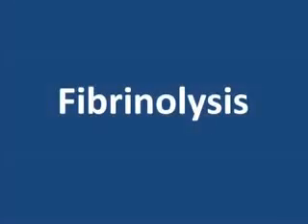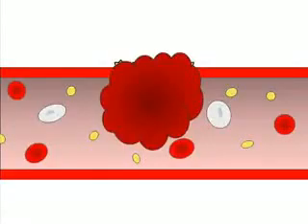The other group of chemicals keeps clot growth under control by cutting the fibrin strands and actually dissolving part of the clot. These chemicals are part of the natural process known as fibrinolysis. Fibrinolysis occurs as chemicals called plasminogen activators are slowly released from the inner lining of the damaged vessel wall.